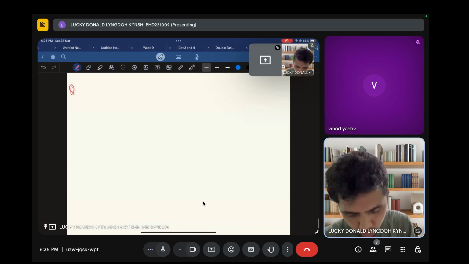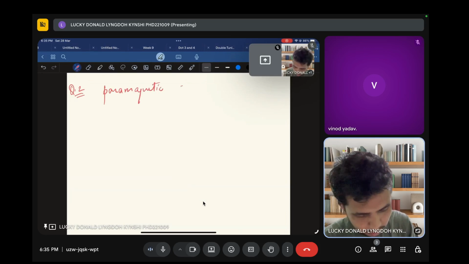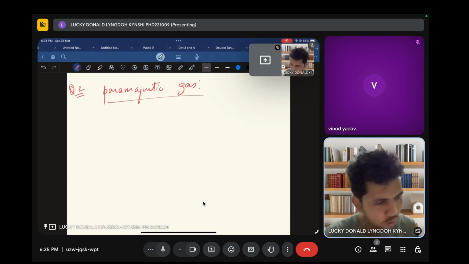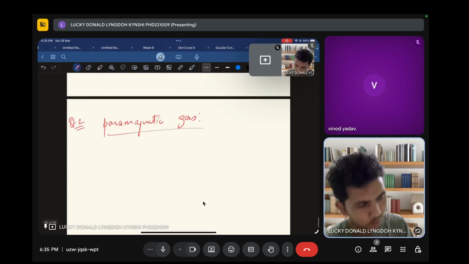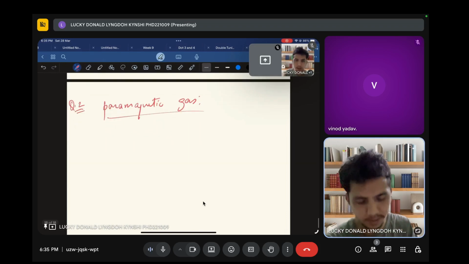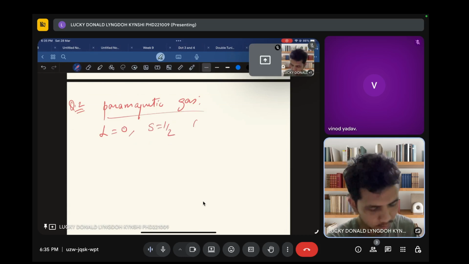So question number 2, which is your paramagnetic gas. It is given that a paramagnetic gas with L equal to 0 and S equal to half contains n atoms per meter cube.